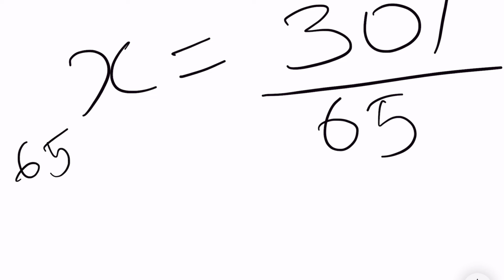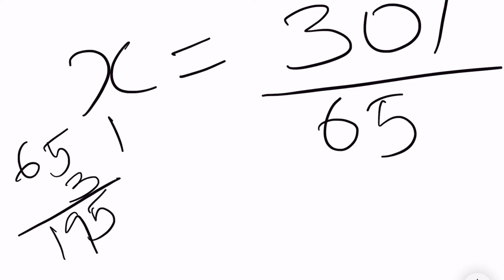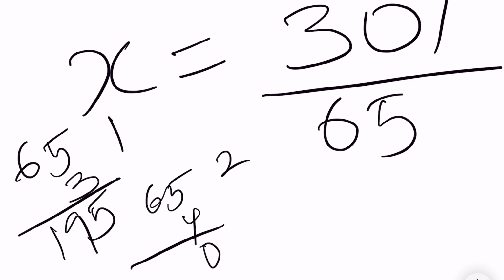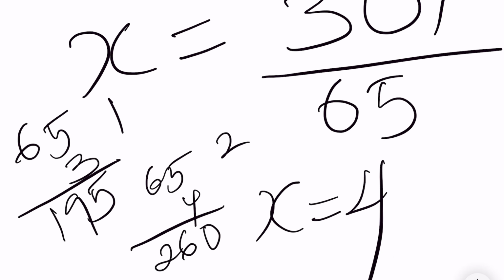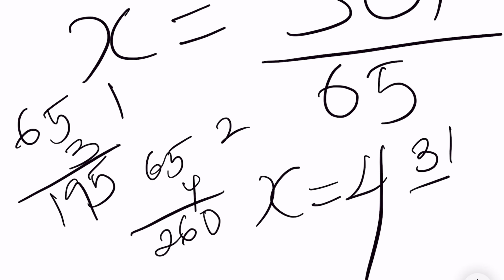We check: 65 goes into 301 four times, which is 260, so our x is 4 whole number 41 over 65.